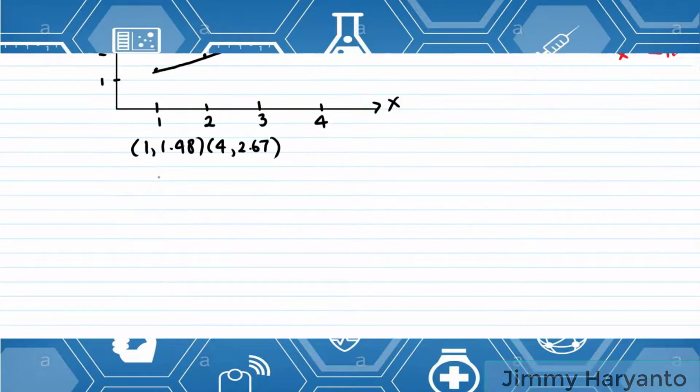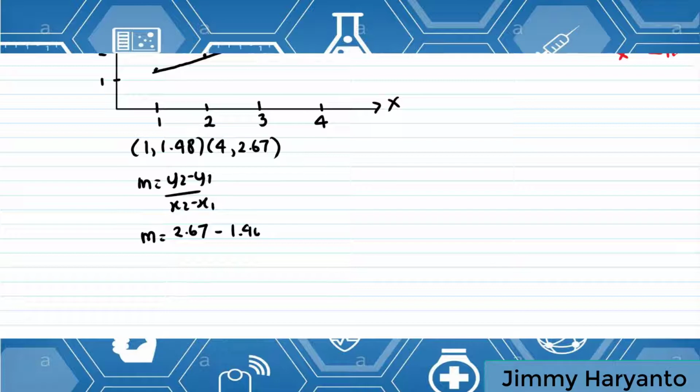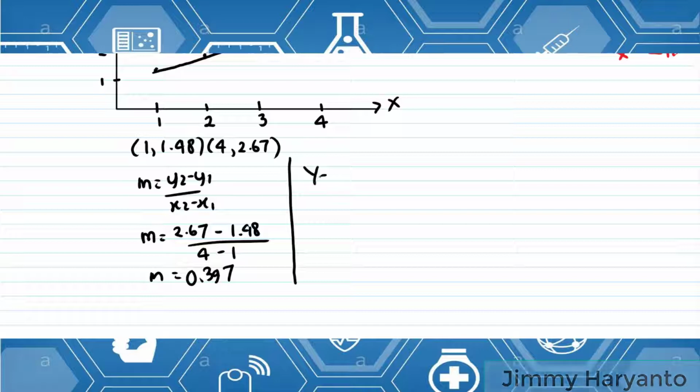Okay, find the gradient first. The gradient will be rise over run, or maybe you can use y2 minus y1 over x2 minus x1. Yeah, so the gradient will be 2.67 the y2, and the y1 is 1.48 over the x2 for minus 1. The result is 0.397. And then we have to find the c, right? Y equals to mx plus c.